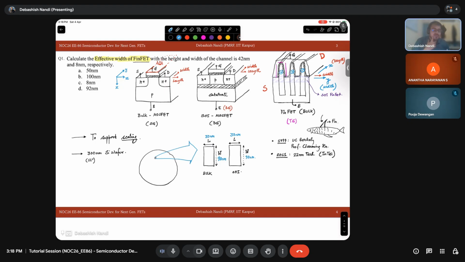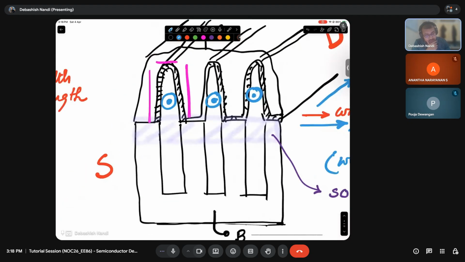So in case of FinFET, how will it look? What is the area? If I zoom in, in case of FinFET, what is my effective W? Just follow these green lines.